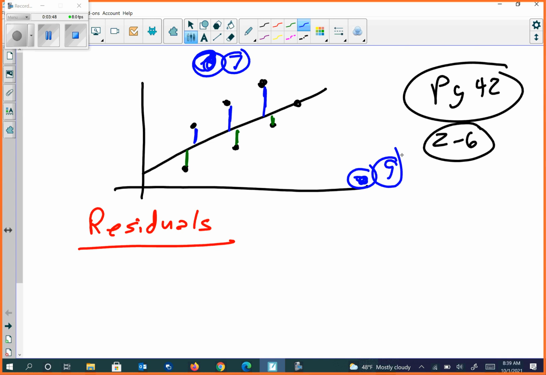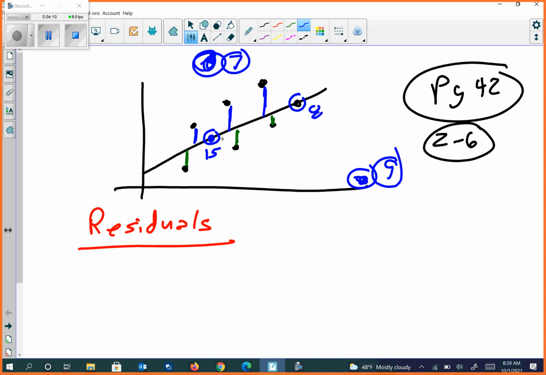Okay, data points 8 and 15. We'll call that data point 8, and I'll make another one. We'll call that 15. 8 and 15, both observations are very close to the regression line. These observations produce values of the response variable that was very close to predictions in the regression model.